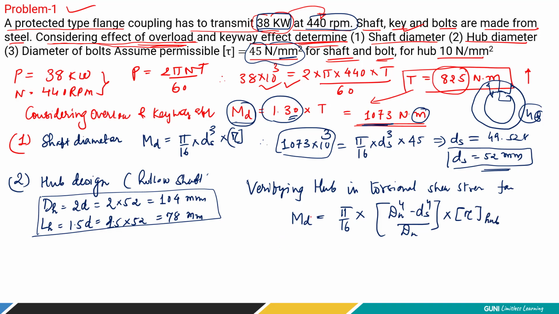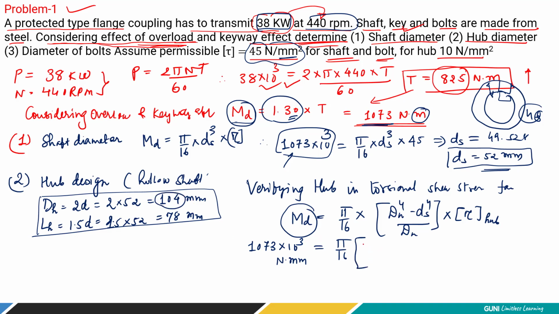Okay, now here we need to consider the design torque. What is design torque? It is 1073 into 10 raised to 3. Now why 10 raised to 3? To convert Newton meter into Newton millimeter. Do not forget, right? Again pi by 16. Let's replace the value. What is hub dimension? 104.